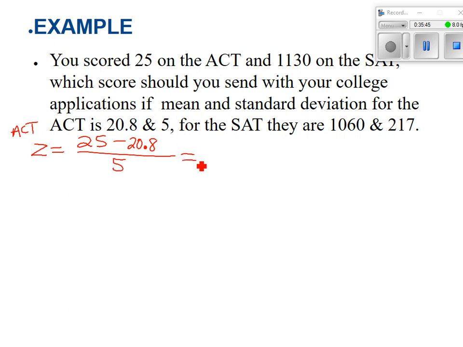Somebody help me out and figure out what that is on your calculator. 25 minus 20.8, and then divide that answer by 5. If you tell me 21 point something or 20 point something, I'm going to be mad at you.